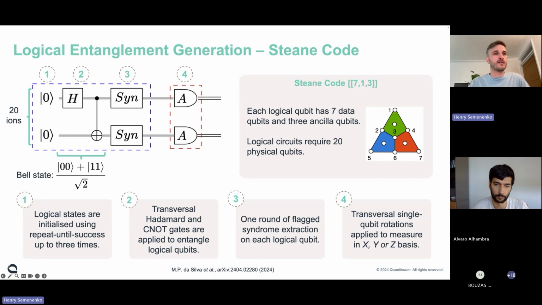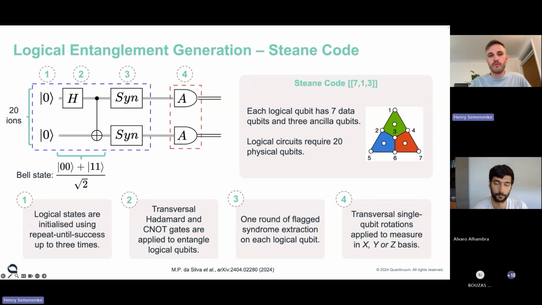In the second step, we'll perform a transversal Hadamard, followed by a transversal CNOT. What this does is encode our logical qubits. And what's nice is in this particular code, we can perform these transversally, so they are error protected. We're not propagating any errors, by really looking at the physical level.